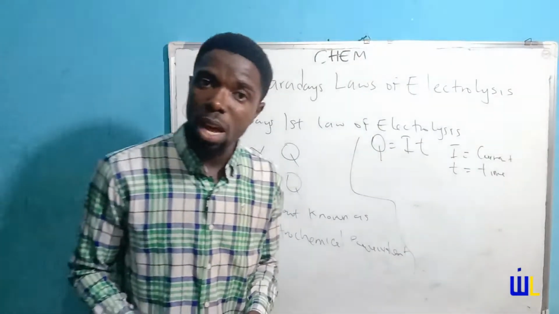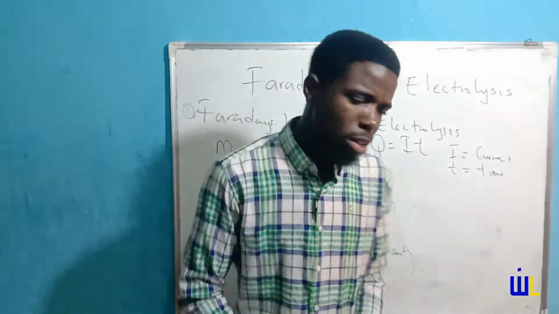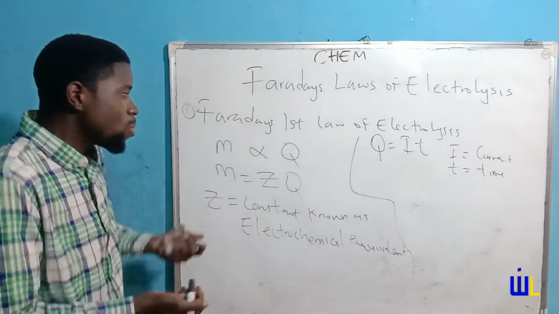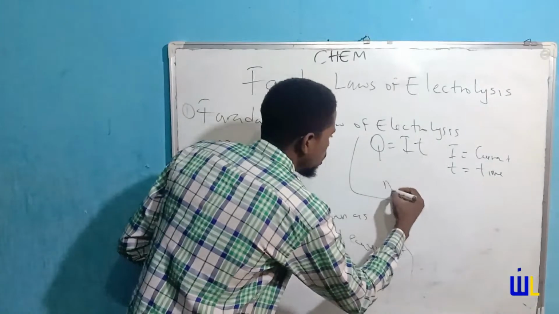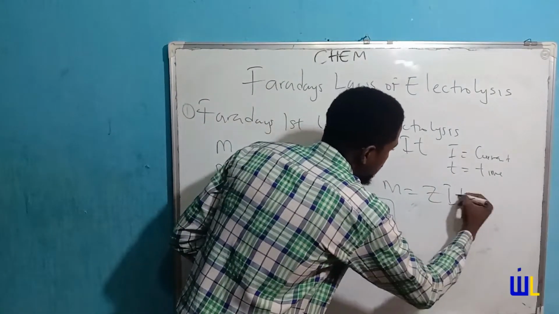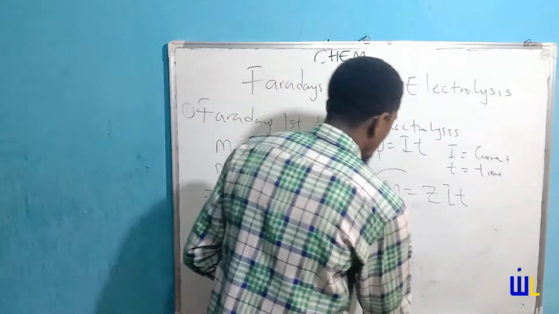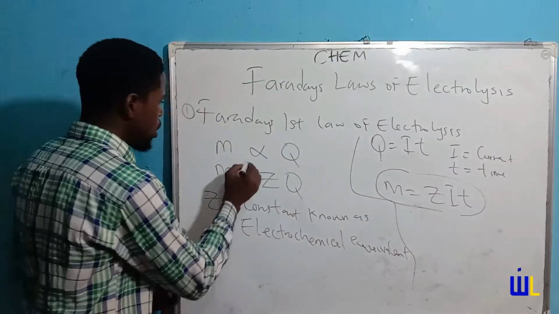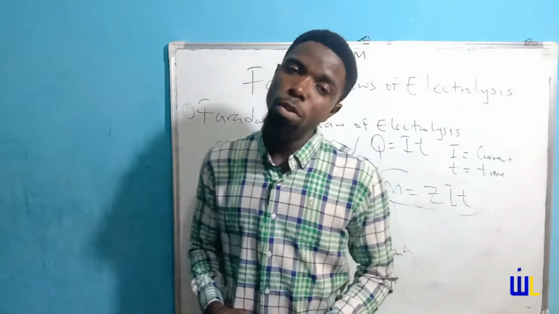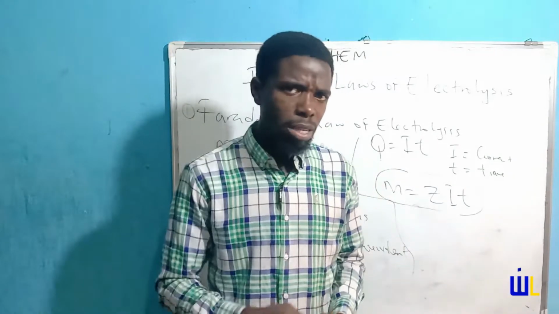If you have a question and you are not given the quantity of electricity, but you are given current and time, and you are supposed to relate it to the mass of the substance deposited, what will it become? Quite simple. M is going to be equal to Z, and instead of Q, we now have IT. Now, we have two formulas: M equals ZIT and M equals ZQ. So put that down. These two formulas are used to illustrate Faraday's first law mathematically.